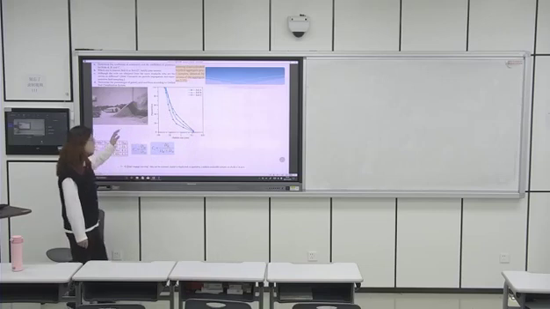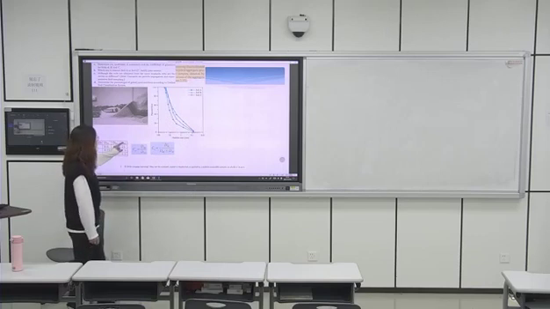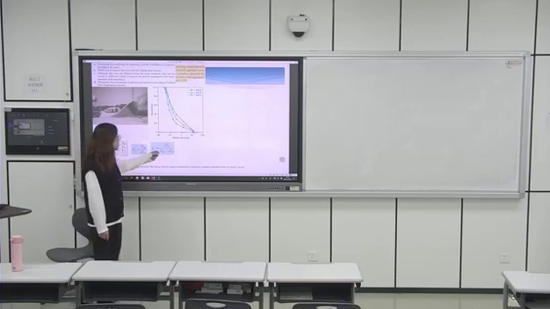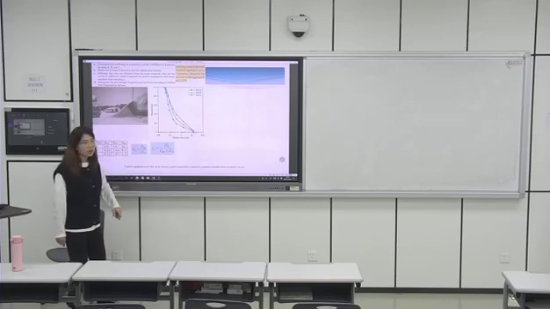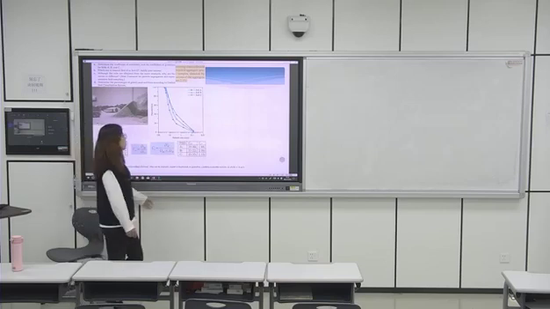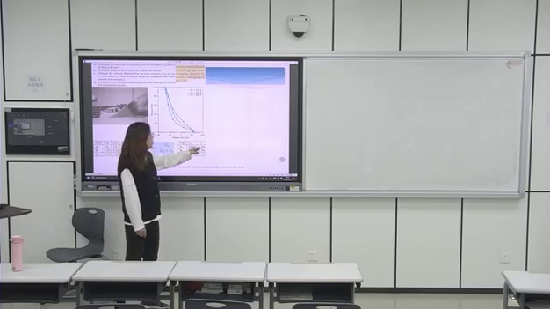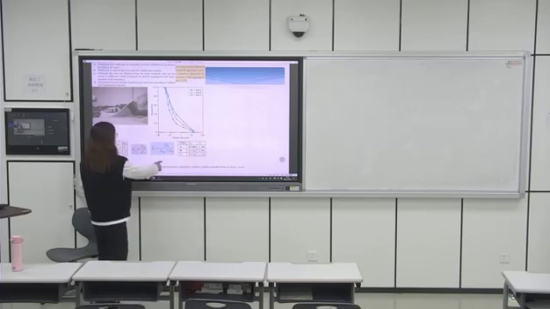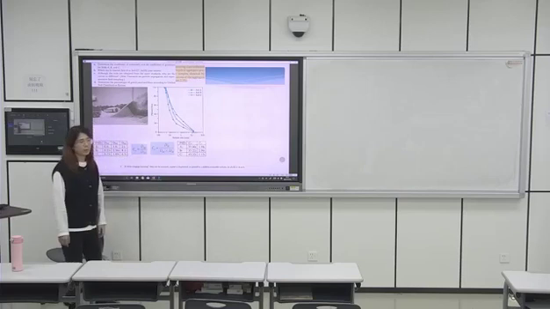So based on this way, you can find the D10, D30, and D60 for soil A, B, and C. Then calculate Cu and Cc with these two equations for soil A, B, and C. Let's see. For soil A, Cc is almost 2, and for Cu, and for B, C, we always calculate Cu and Cc based on these two equations.